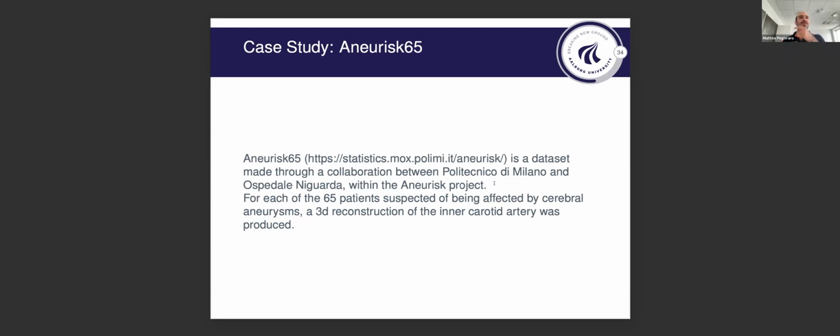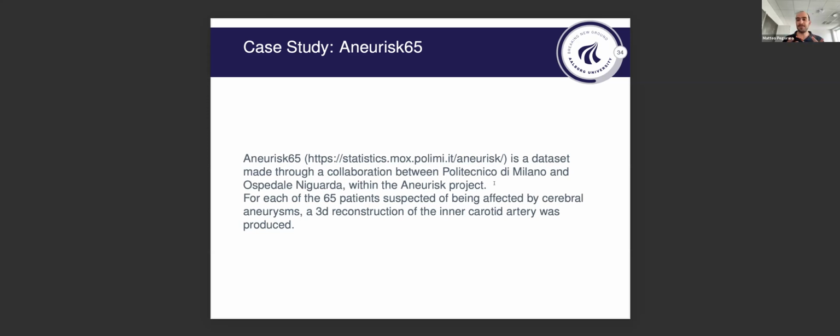Then from this 3D reconstruction, some functional covariates were extracted. The key point is that in these 3D blood vessels, and so also in the functional covariates, there is a lot of variability which is unneeded, which we want to factor out of the analysis. In fact, the aim of the project was to study the geometry of these blood vessels in relationship with the eventual aneurysms that were present.